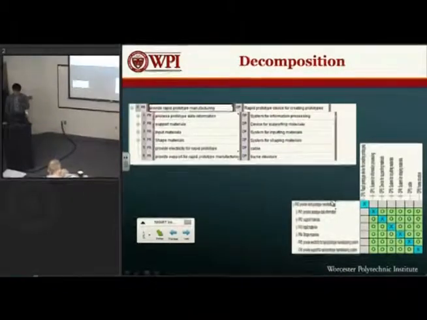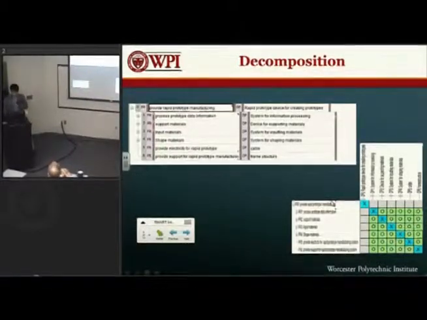And here is our decomposition. The FR0 here is to provide rapid prototype manufacturing, and according to the hardware components, we decomposed the functional requirements into six parts.